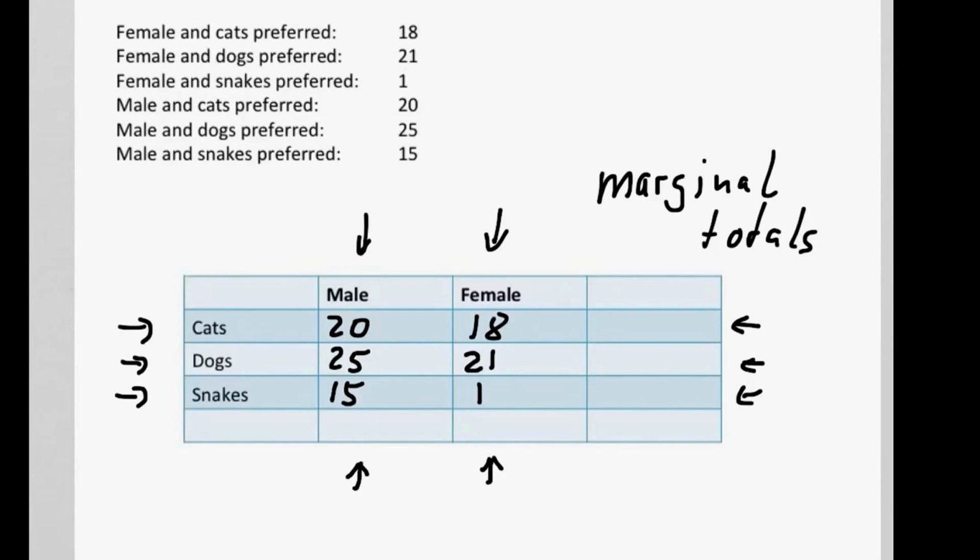So here we get a marginal total of 60, which is good because we asked 60 men. The marginal total for the female column is 1, 21, 22, that is 40, so that's good. And if we calculate the sum here, 60 add 40, that gives 100. So this 100 is basically the total number of people we asked.